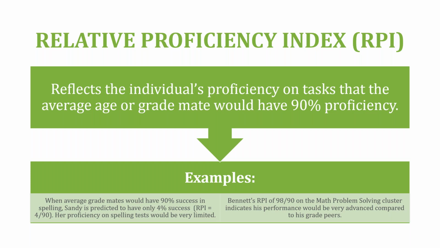On the other side of the coin, we have Bennett, who earned an RPI of 98/90 on math problem solving, which indicates his performance would be very advanced. That's the qualitative descriptor assigned to that level of proficiency compared to his grade mates. He's going to demonstrate 98% success on those tasks when his same grade peers are demonstrating 90% success.